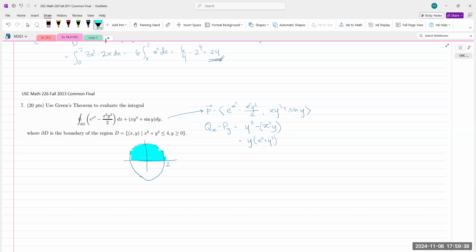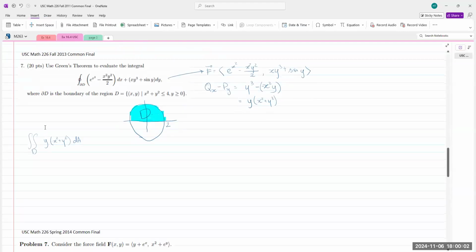Okay. So according to Green's theorem, it will be double integral over D of y times (x squared plus y squared) dA. Notice that if you don't set it up properly, if you make any small mistakes there, your integration suddenly becomes nearly not doable or not even doable.